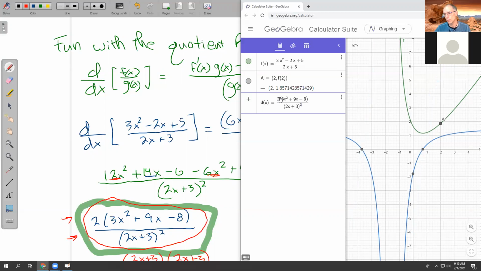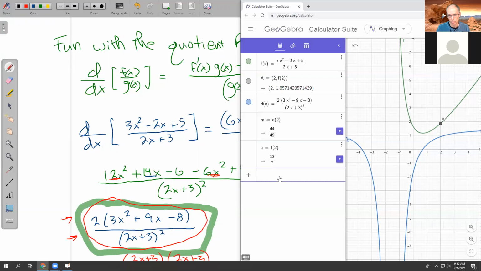All right, so that's the derivative function, and we want to know what the slope is at 2. So I'm just going to call it m, and m is going to be equal to the derivative when we plug in 2. Ooh, getting a fraction there. I bet up here, if I asked for what is f of 2, it'll give me a fraction. There we go. Okay, so that's kind of cool.